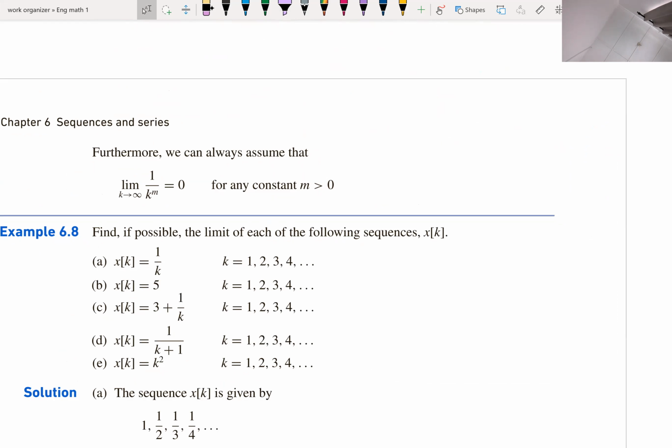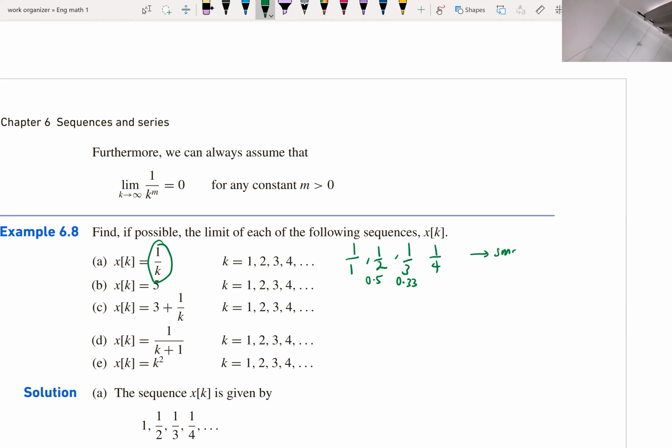For the first one, this is the function. For k equals 1 it will be 1/1, then 1/2, 1/3, 1/4. You can see this one equals 0.5, this one equals 0.33, meaning it will be getting smaller.